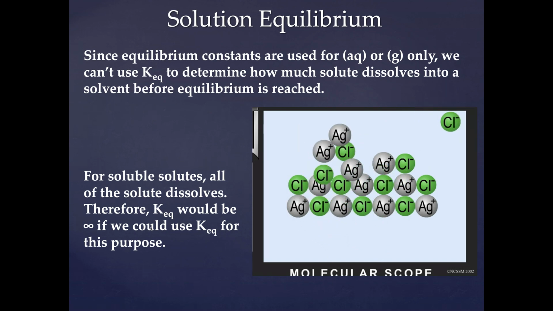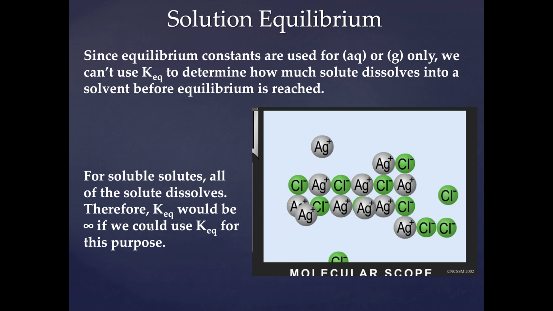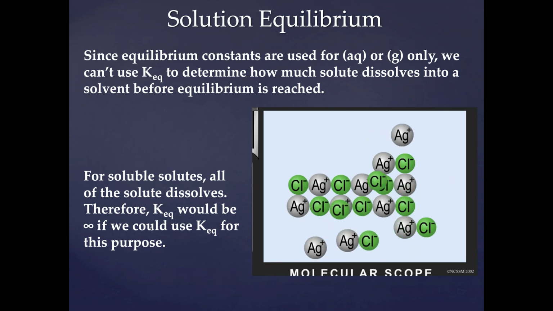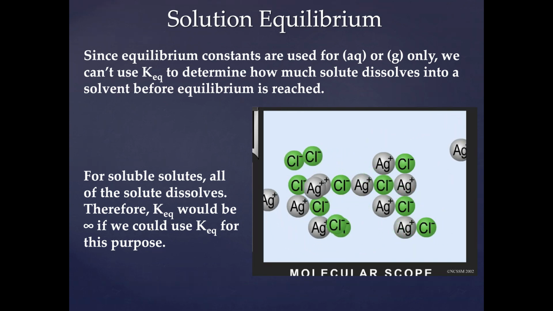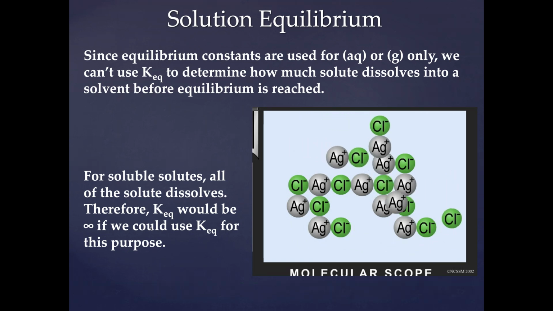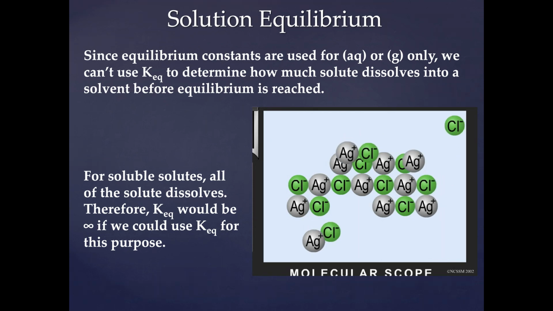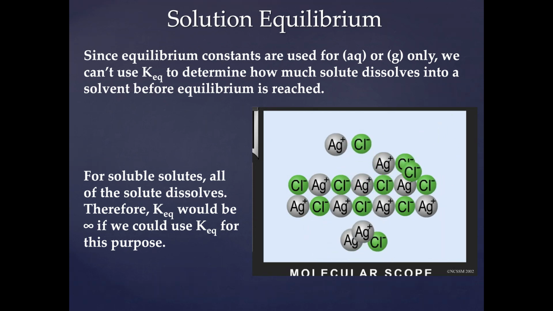The rate of precipitating equals the rate of dissolving. And what we're going to look at is the concentration of our dissolved ions when the solution is saturated. And that will give us a value called our solubility product constant, also known as KSP.